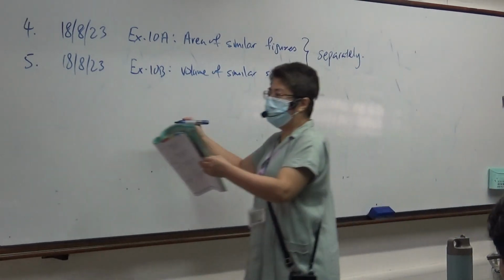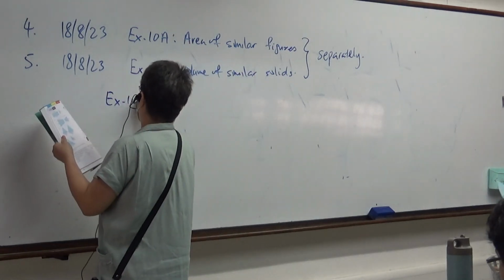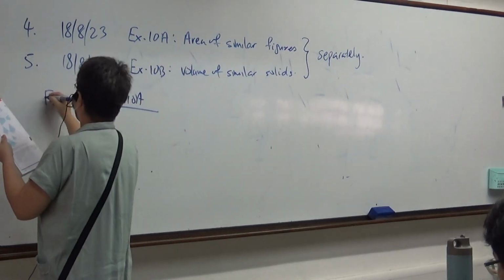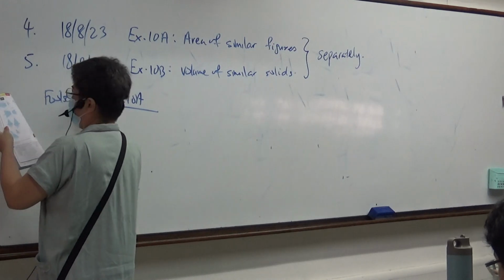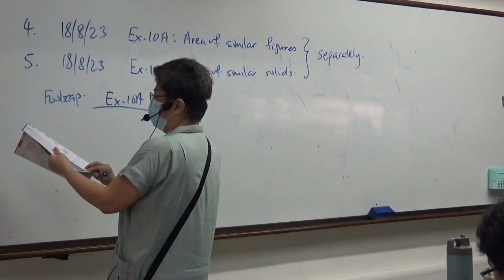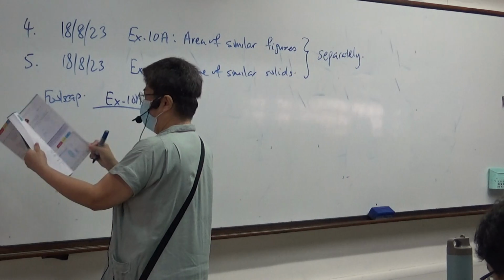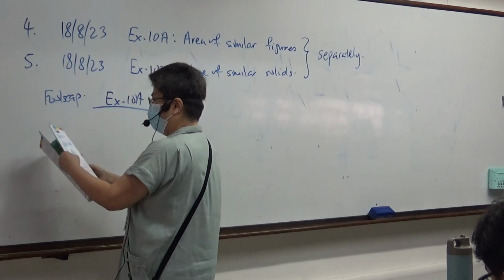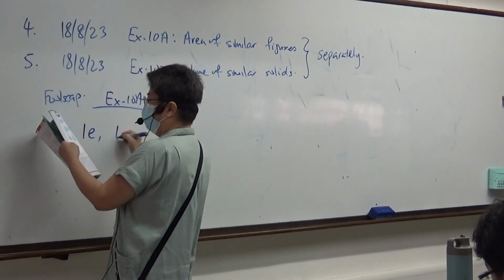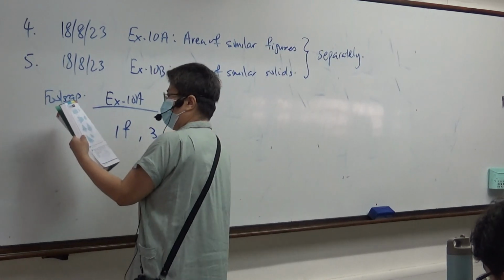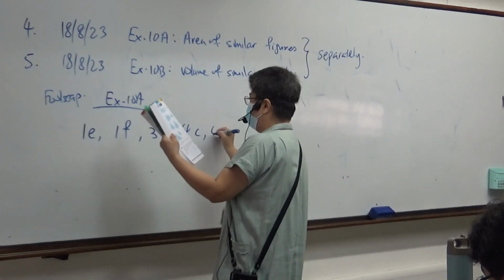Okay. So what are you supposed to do for 10A? This is on foolscap. Let me just double check. 10A, okay. 1E, 1F, number 3, 4C, 4D.